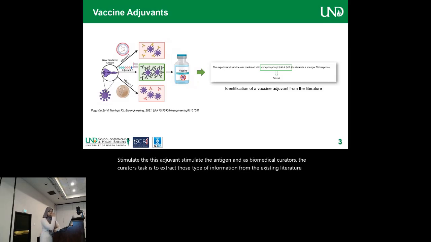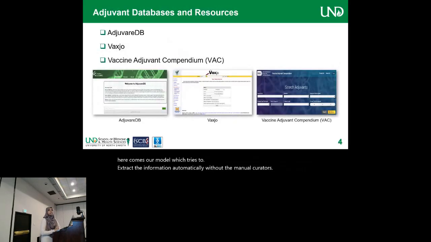And here comes our model, which tries to extract the information automatically without manual curators. There are three adjuvant databases that have extensive information about existing adjuvants. One is AdjuvaDB, a web-based compendium focused on candidate adjuvants used in different clinical settings.